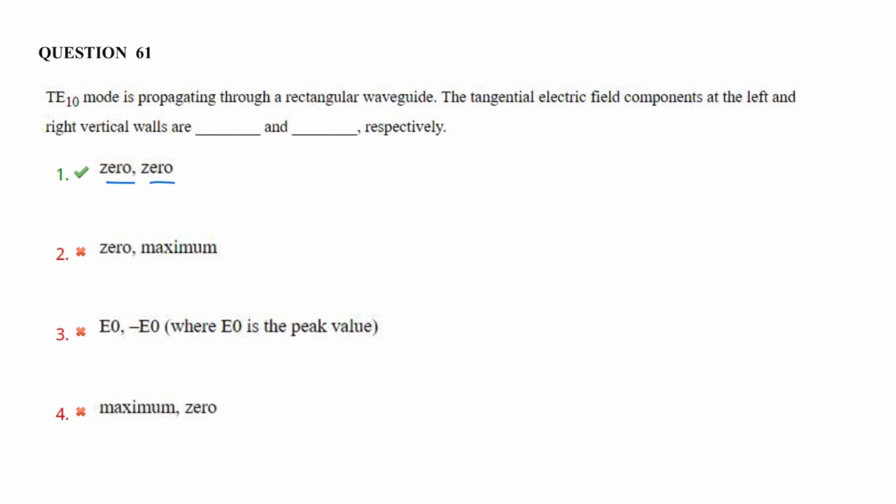At the conductor boundary, the electric field is perpendicular to the surface. An electric field component exists perpendicular to the surface, but the tangential component of electric field is 0 on both the walls. The correct option is 1. Next question.